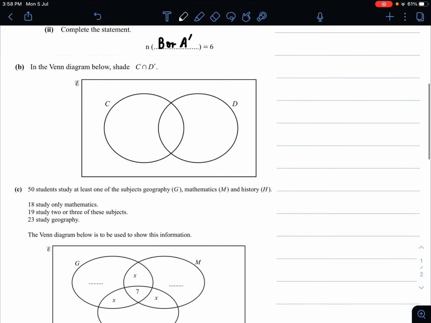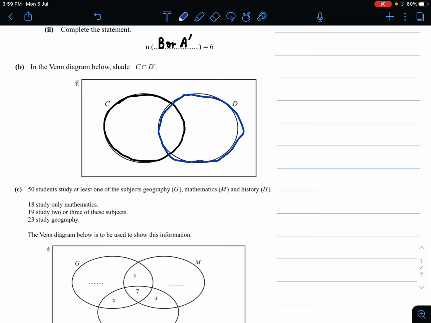In the Venn diagram below, shade C intersection D complement. So that means the common part, so C would be the circle right here, and D complement would be everything other than D. Everything other than the circle.